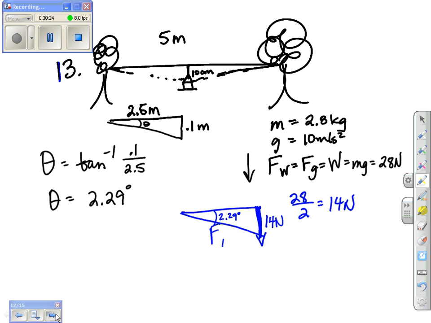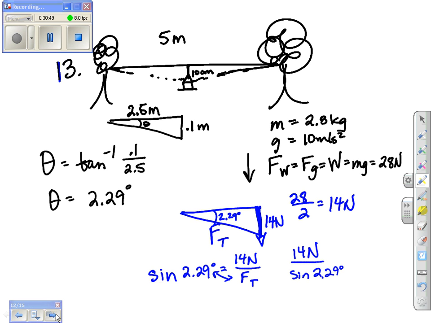They want me to find the tension in this rope. So to find that tension, sine of 2.29 degrees equals my opposite, which is 14 newtons, divided by my hypotenuse, which is my tension. Remember, you can just switch places with these two. So 14 newtons divided by the sine of 2.29 degrees equals your Ft then.